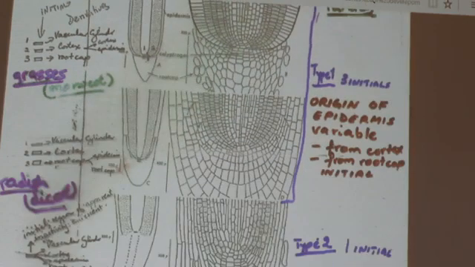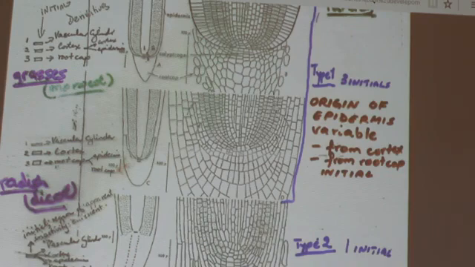And this theory is also asking how many initials are in the meristem. That means where the cells are growing, are they coming from one cell, or from a group of cells, or from a kind of organization?